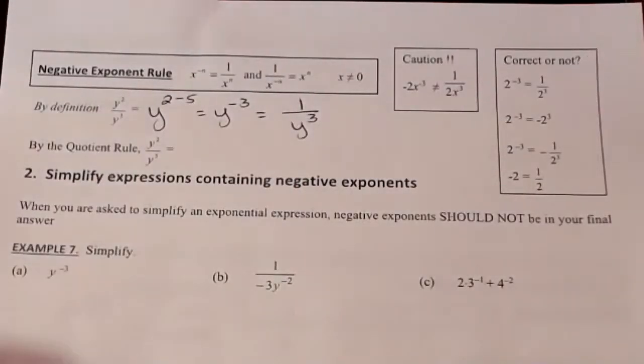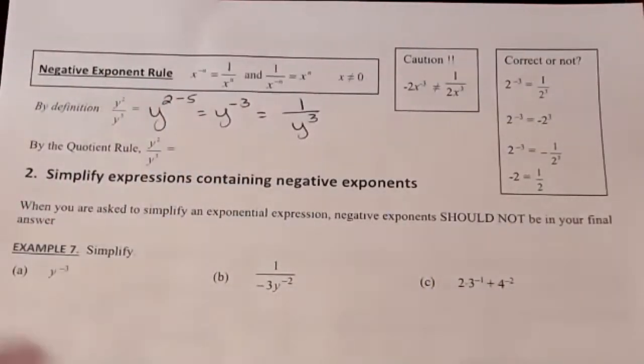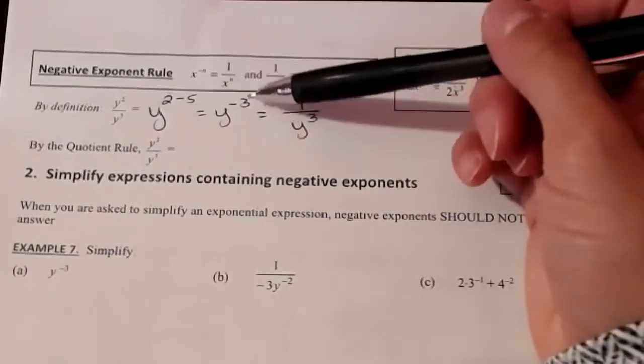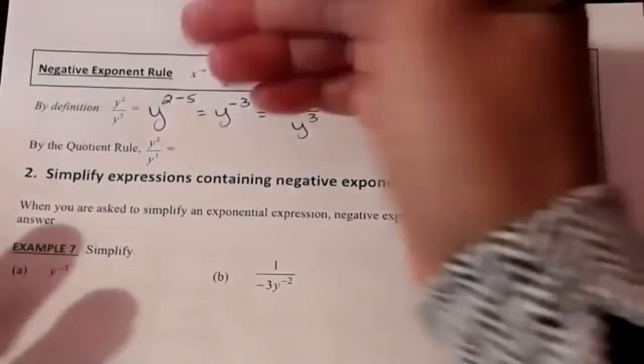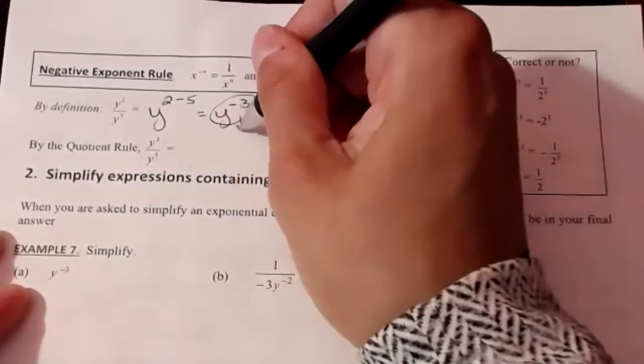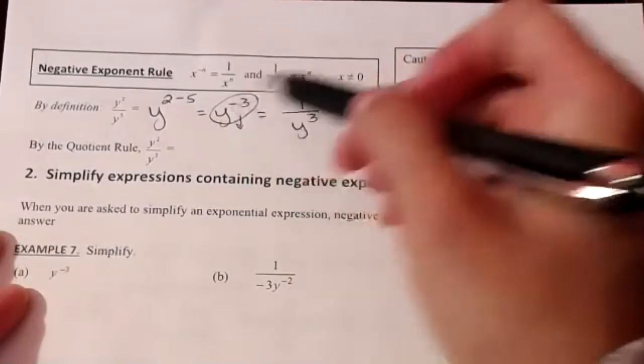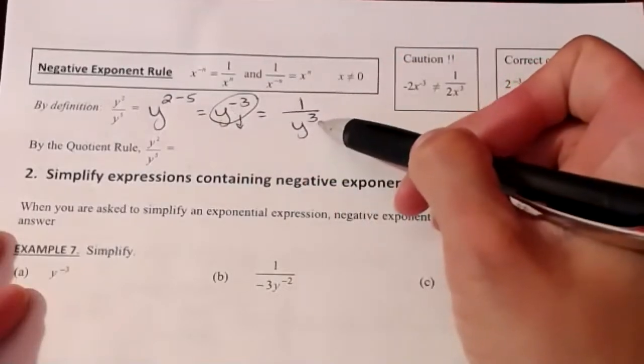Okay, so we don't have to worry. This is essentially the same thing. How about the negative sign? By taking this base with the negative power and moving it to the denominator, that's what changes the power from negative to positive.